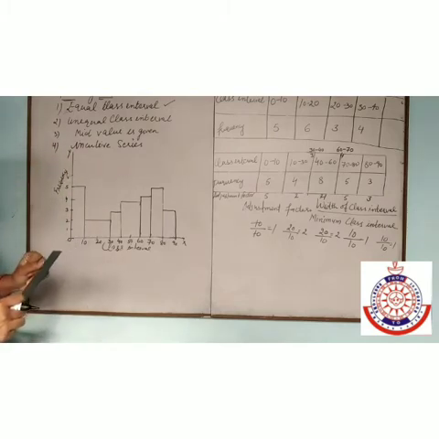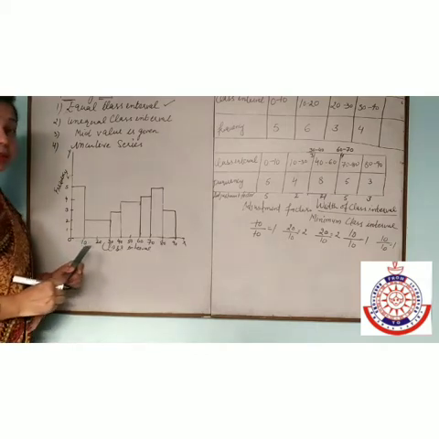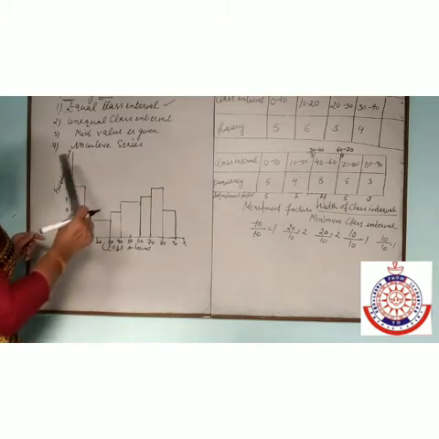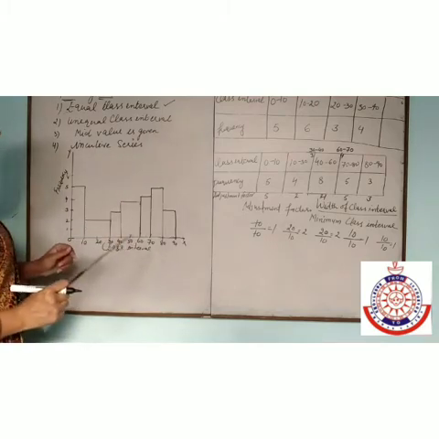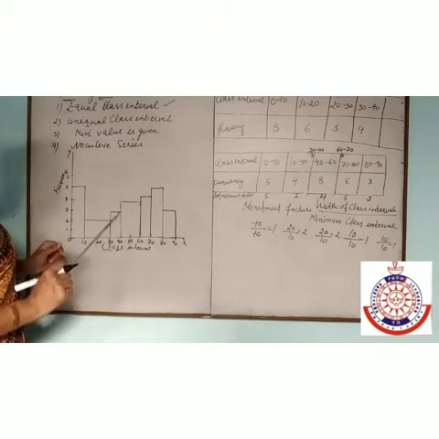Third is when mid value is given. Sometimes the mid value is given, and we have to adjust the mid value according to class interval. After that, we will make the same histogram.